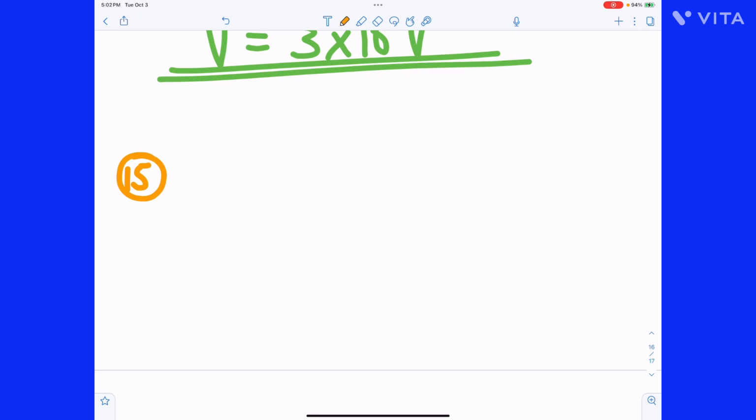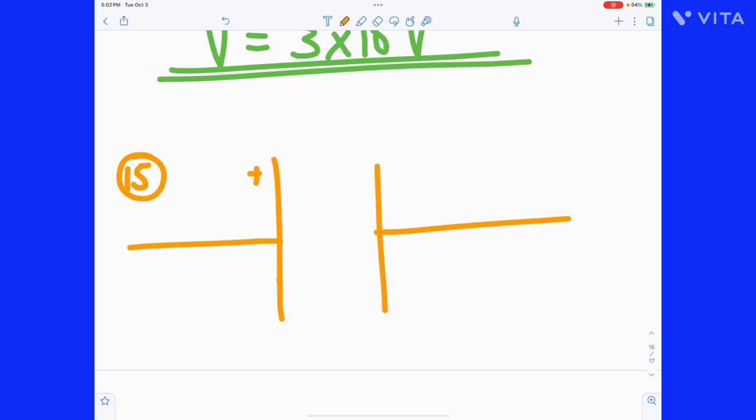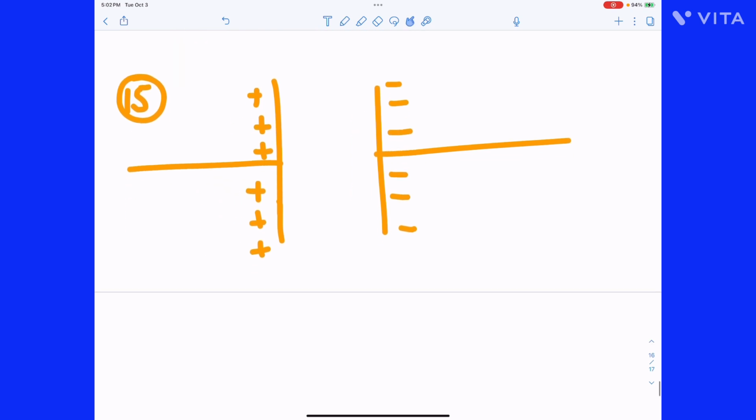Okay. This is our parallel plate capacitor. They said it's not charged, but at the end of the day, it will look like this. The capacitance of the capacitor, that's what we should write first.